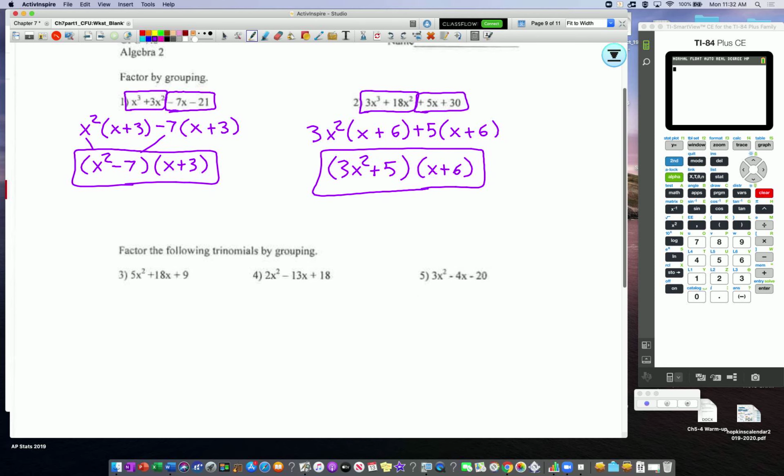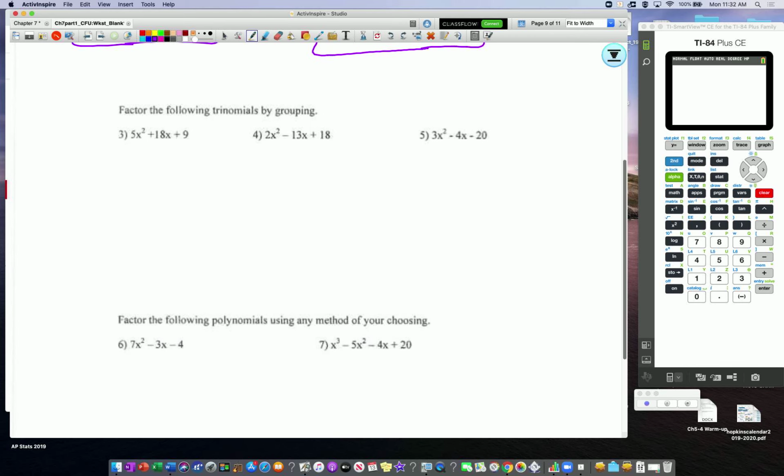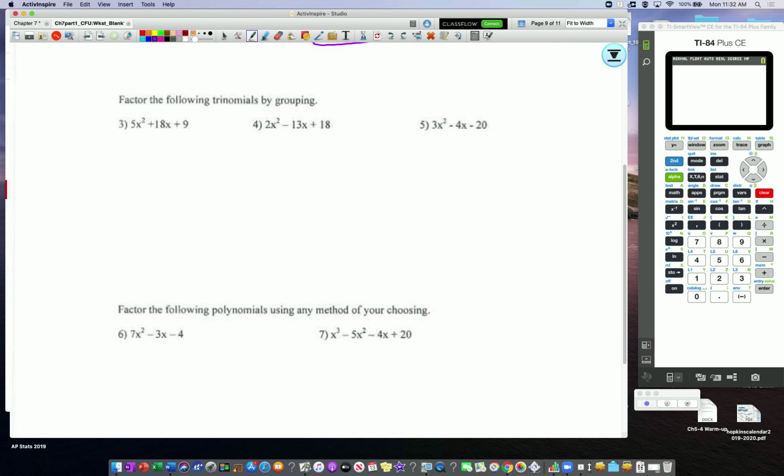All right, let's take a look at the next three examples. In the next three, this is where we use factoring by grouping, kind of what we did yesterday, so it's a nice review. Multiply these two terms together. We're looking at factors of 45 that add to 18.